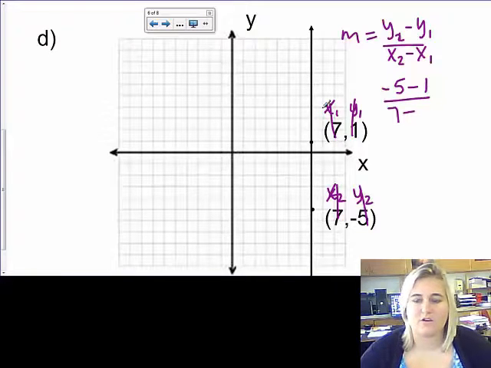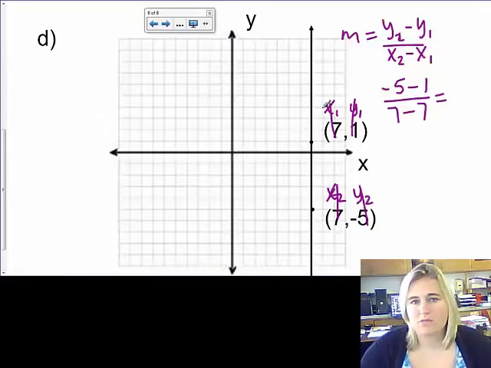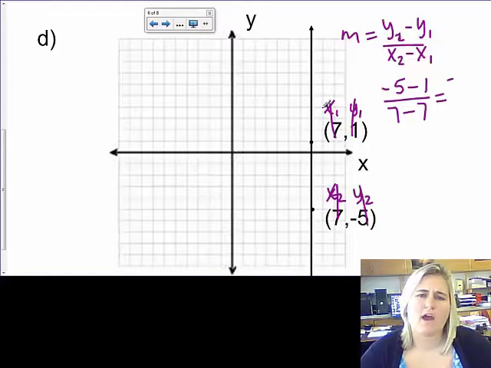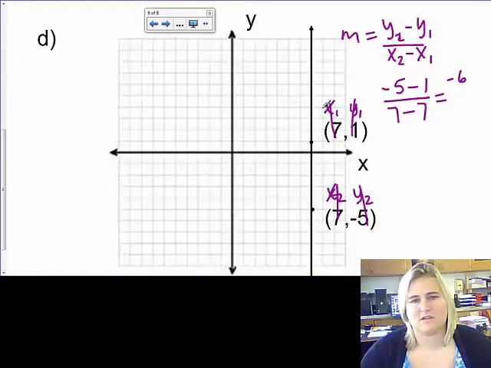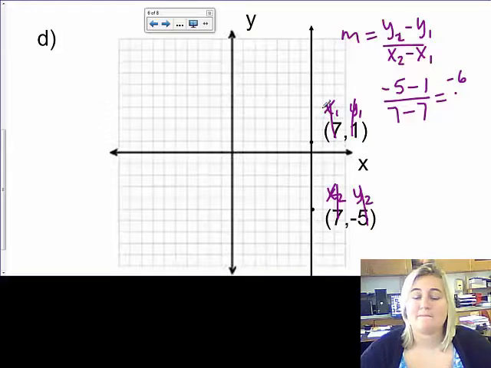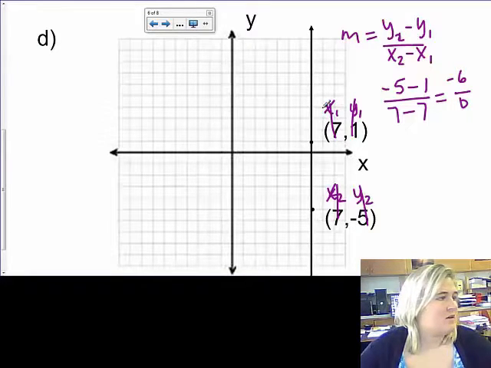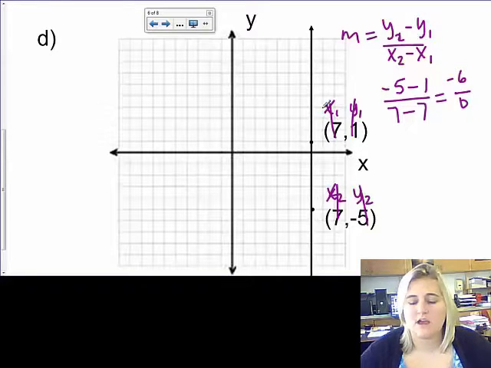So on top I have negative 5 minus 1 gives me a negative 6, and 7 minus 7 gives me 0. Well, negative 6 divided by 0, it's probably unlikely that you have your calculator in front of you, but if you do, go ahead and plug that in and see what it tells you. Even if you are at home and you have your phone, plug that in and see what it tells you.